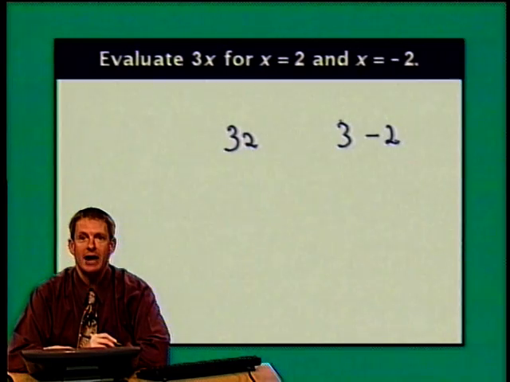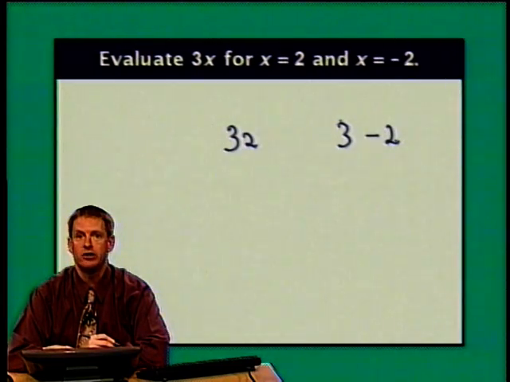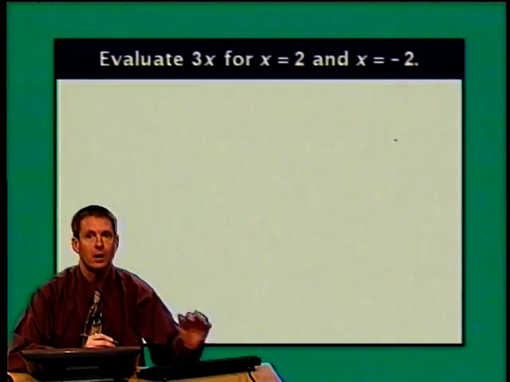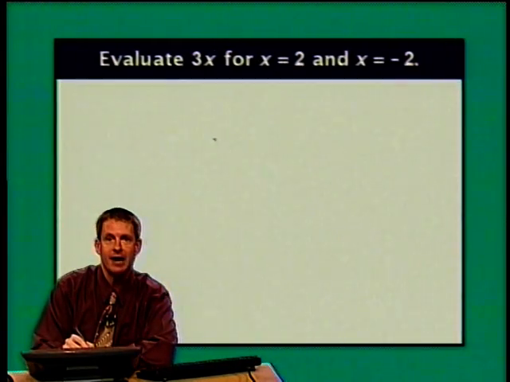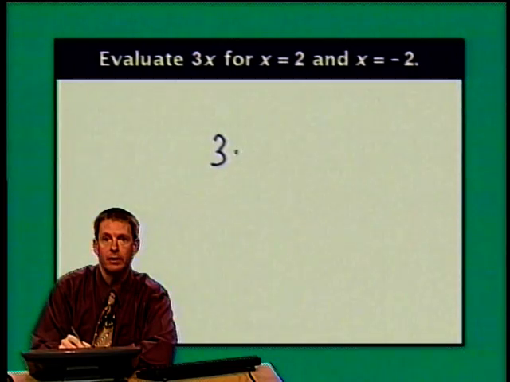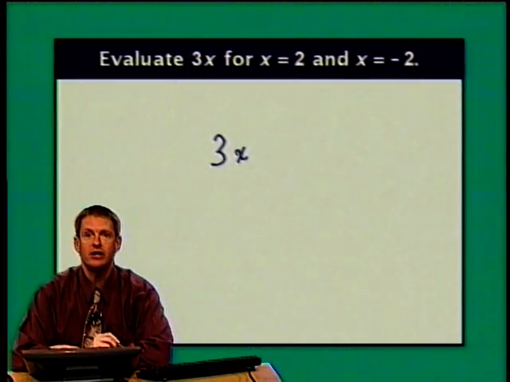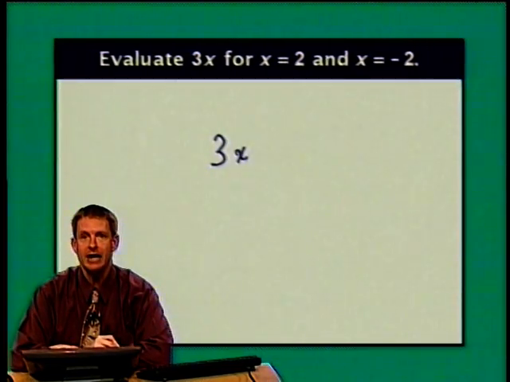Remember, when we write down 3 followed by an x, there's an implied multiplication occurring between the 3 and the x. 3x is short for 3 times x. So when I replace x with 2, I need to make sure that I clearly indicate that the operation occurring between 3 and 2 is multiplication.